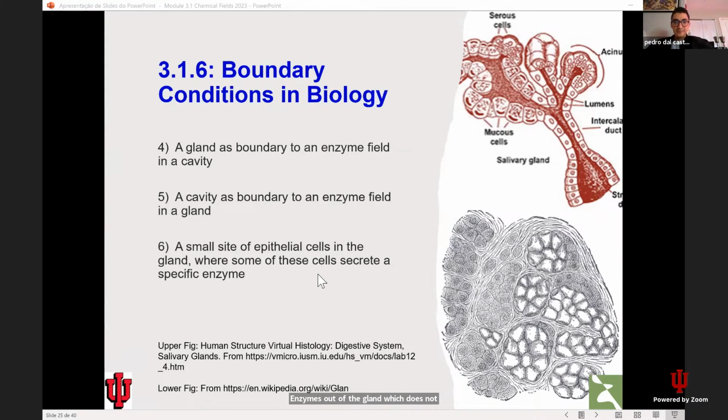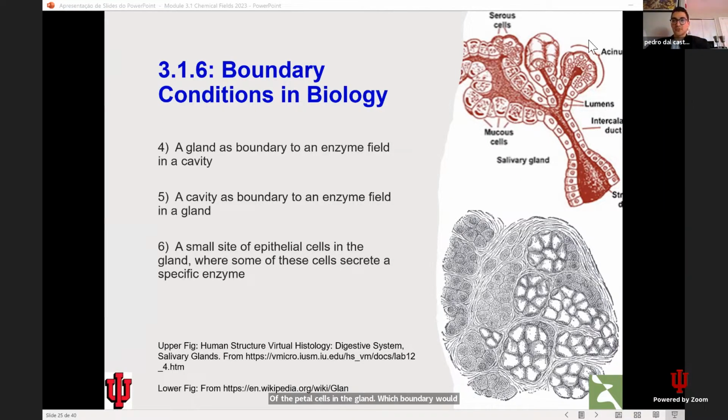Okay. And 6, a small site of epithelial cells in the gland where some of these cells secrete a specific enzyme. So it's a very small site of epithelial cells in the gland. The gland is very big. You're modeling a very small site of epithelial cells in the gland.